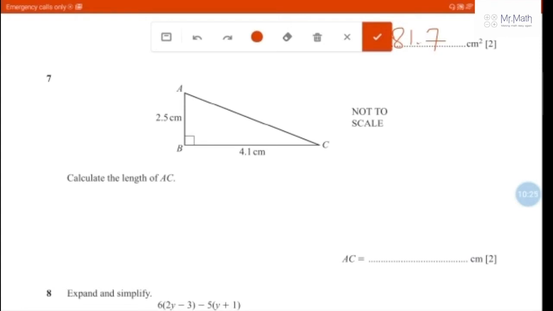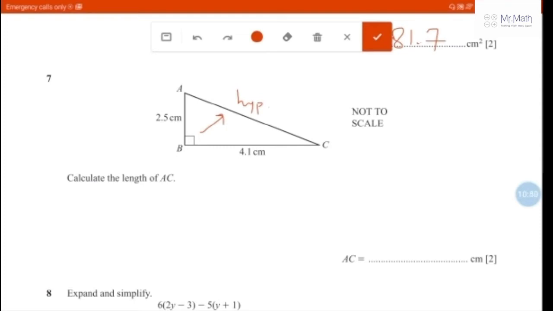I'm given the length of AB, which is equal to 2.5 centimeters, and the length of BC, which is equal to 4.1 centimeters. And I have to find the length of AC. Since the side AC is opposite to my 90-degree angle, this is the hypotenuse.